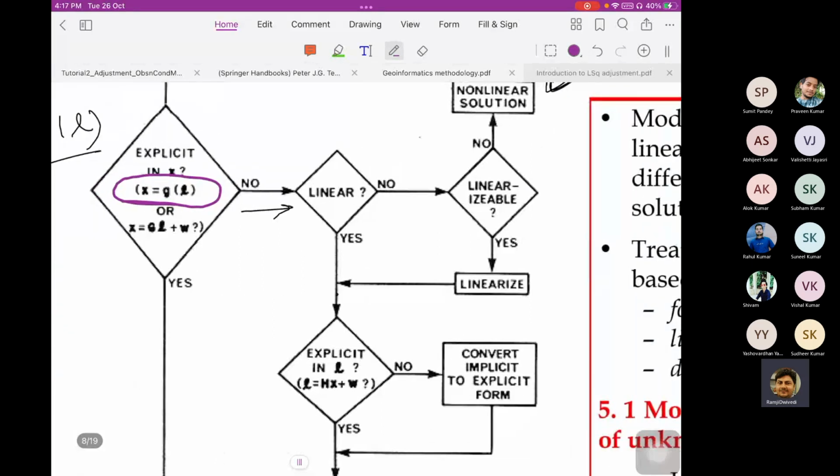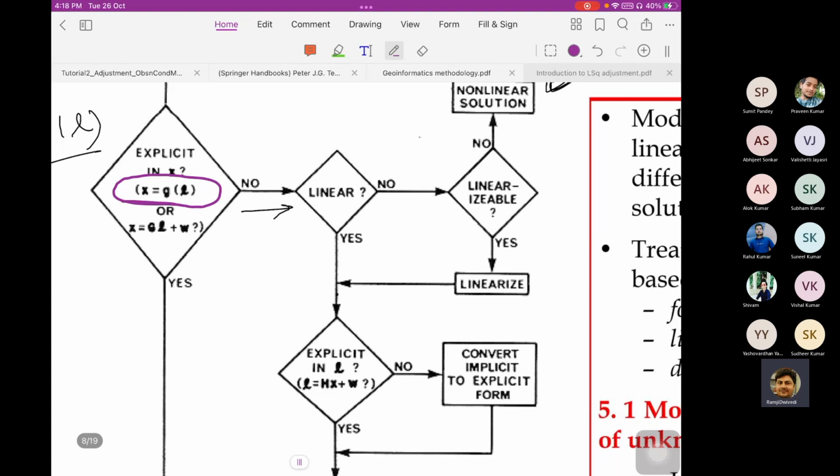You start your work and you ask whether in this question X is given as a function of L, or X is the linearized version, X is equal to GL plus W. If you say yes, then it's okay. If it is no, then linearize it. Non-linearizable, non-linear solution; linearizable, you linearize it. Anyways, the question is very simple: explicit in X.